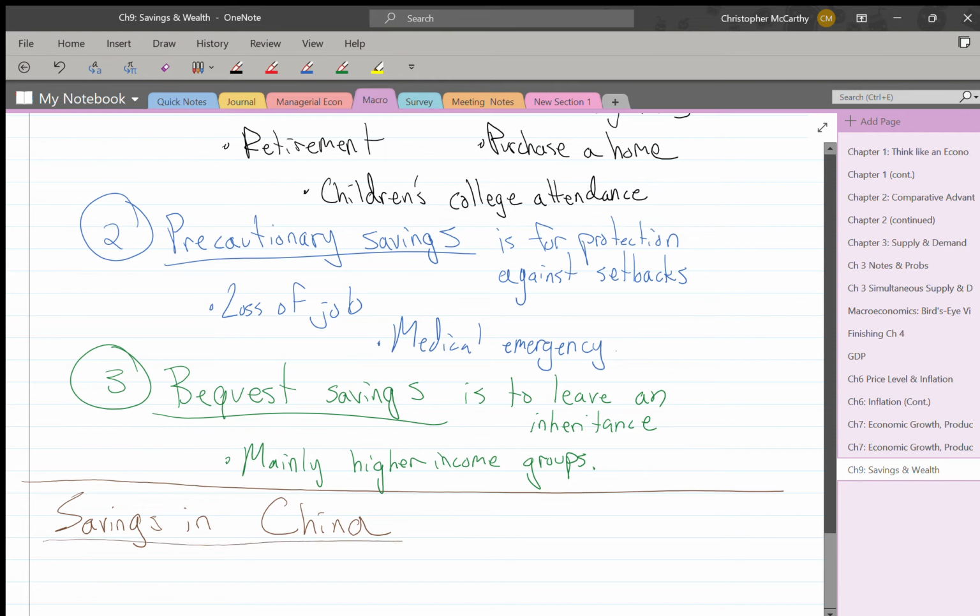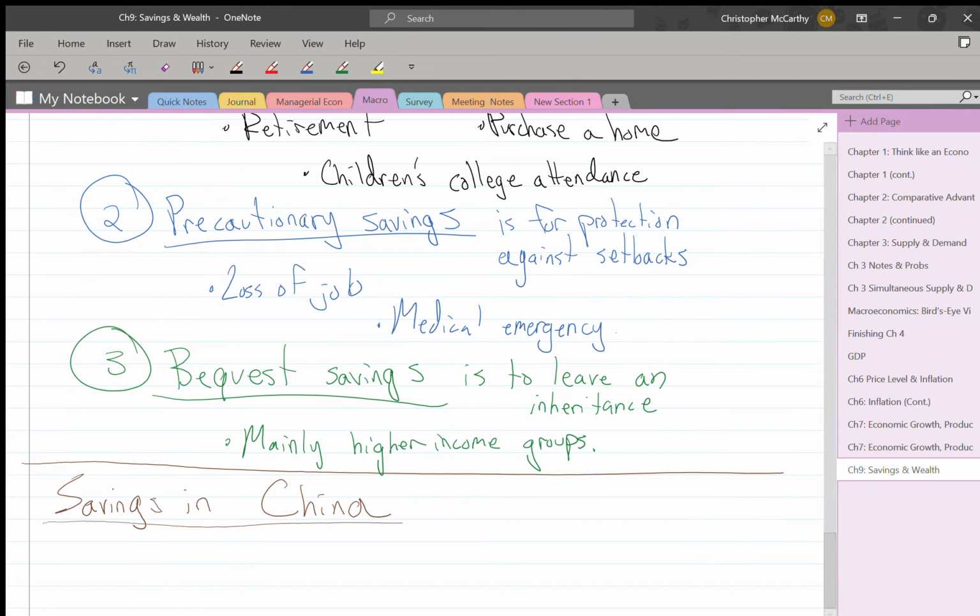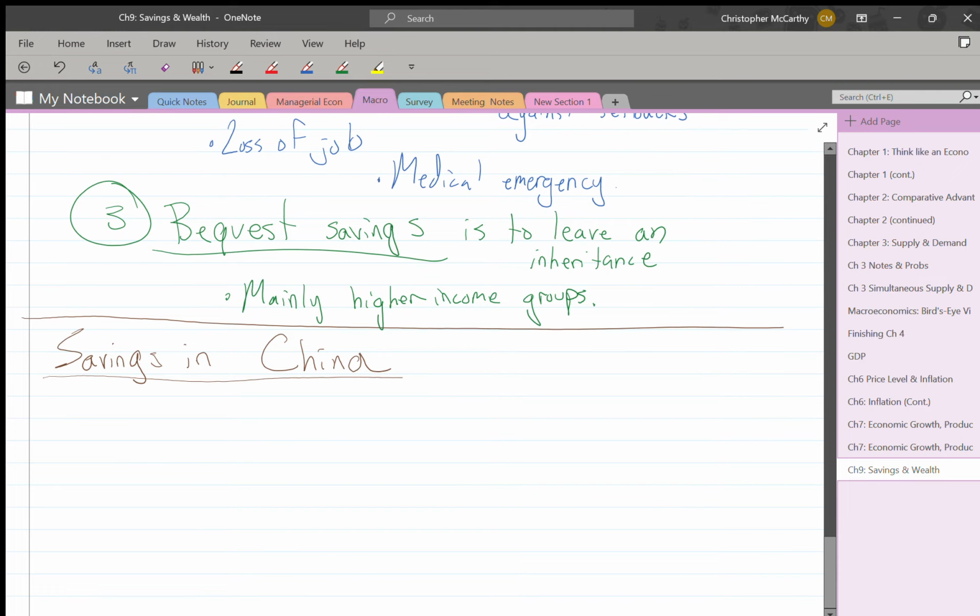So, as is often the case, we can compare our performance with ourselves over time, and we can also compare our performance with other countries of similar sizes. So, if we talk about China, right, we're often talking about China. Chinese households save a quarter of their disposable income.